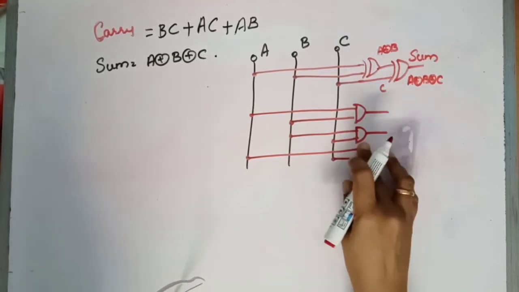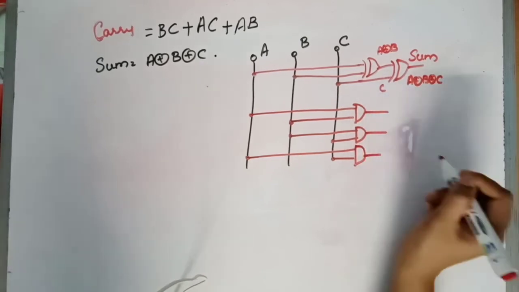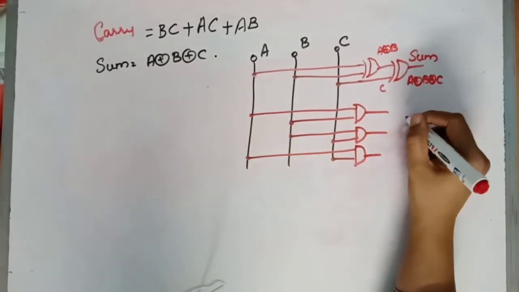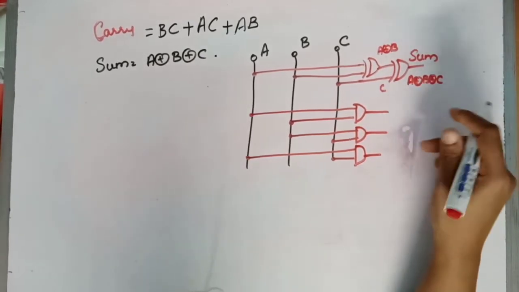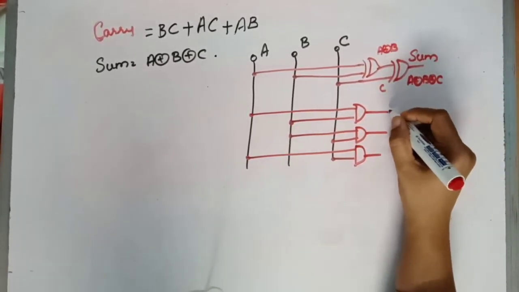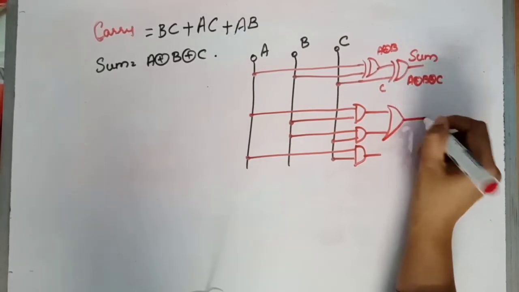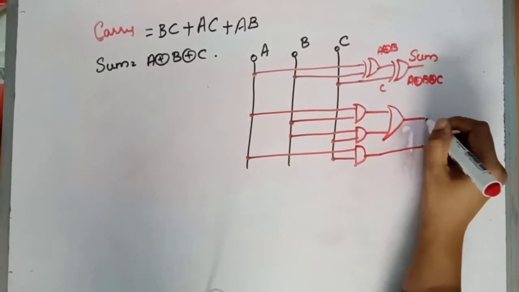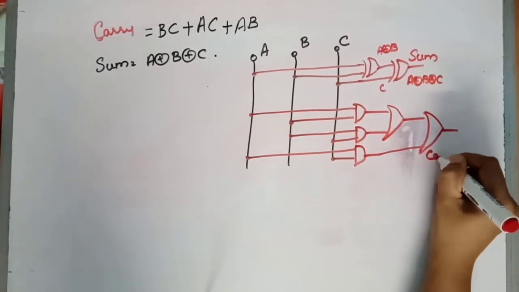Whatever comes up, whatever comes down, that doesn't make any difference. You can draw it anyway. Again, for a practical purpose, you don't have a 3 input OR gate. So if you are going the practical way, you will be ORing two of these and then another OR. So this is carry.